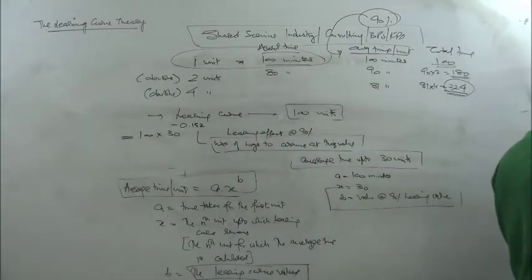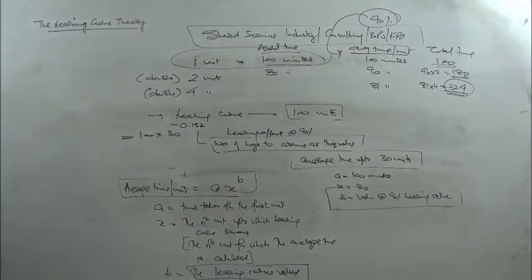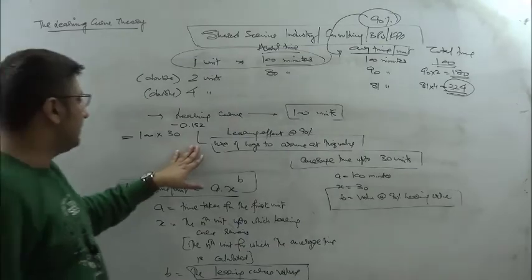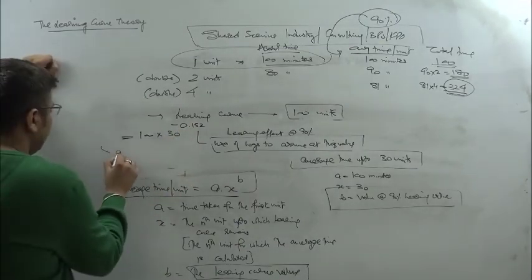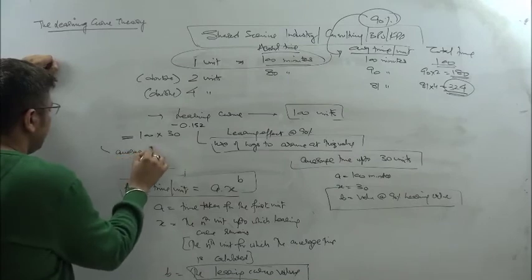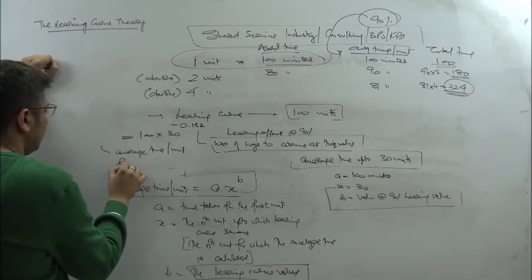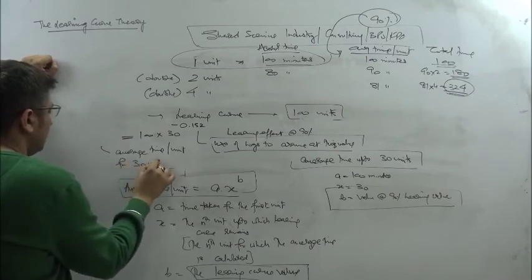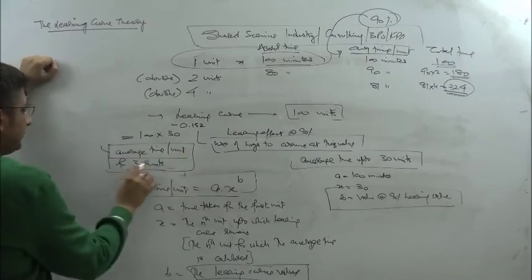I don't have it handy, whatever it comes to. So this particular value would give me my average time per unit for 30 units here. Is it okay?